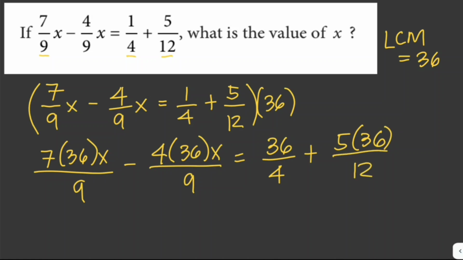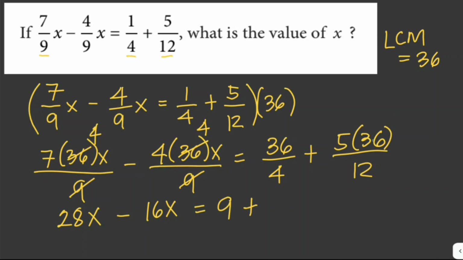So we can simplify both sides. 36 divided by 9 is just equal to 4. So 7 times 4 is just 28x minus, okay, 36 divided by 9 is 4, 4 times 4 is 16x, equals 36 divided by 4 is 9, plus 36 divided by 12 is 3, so that is 5 times 3.